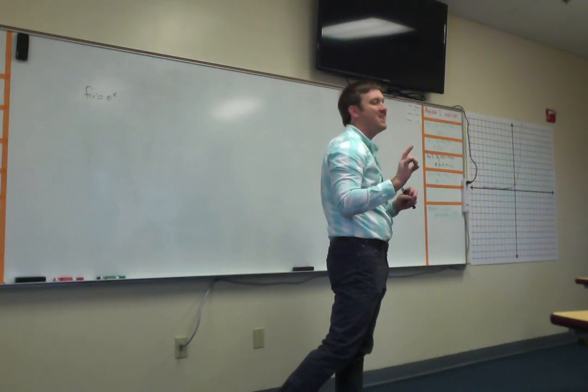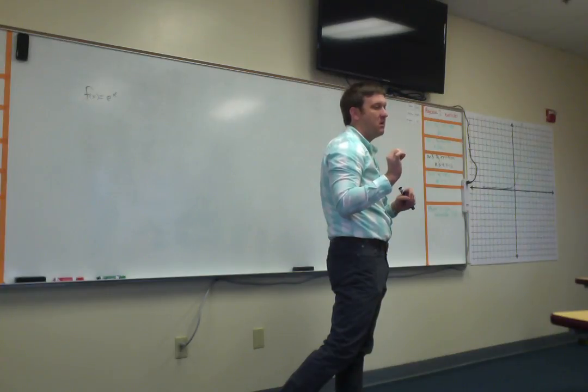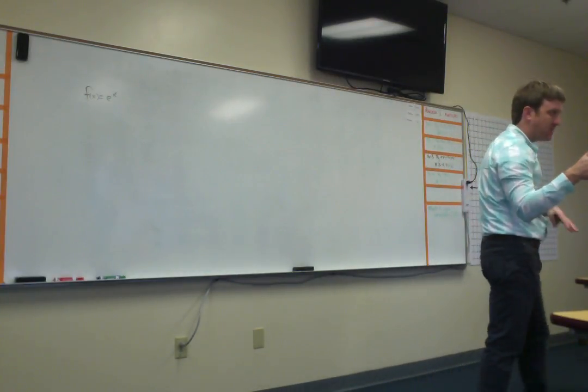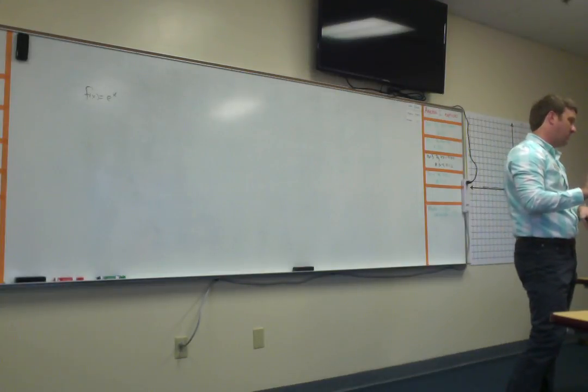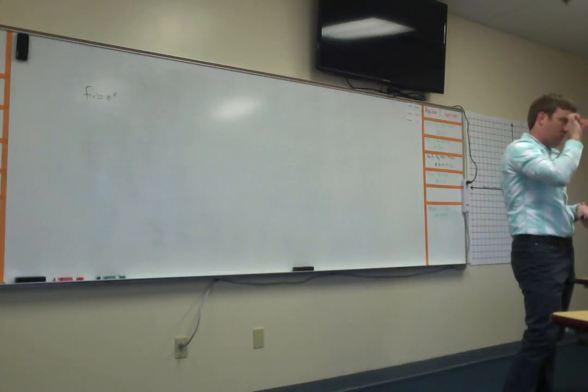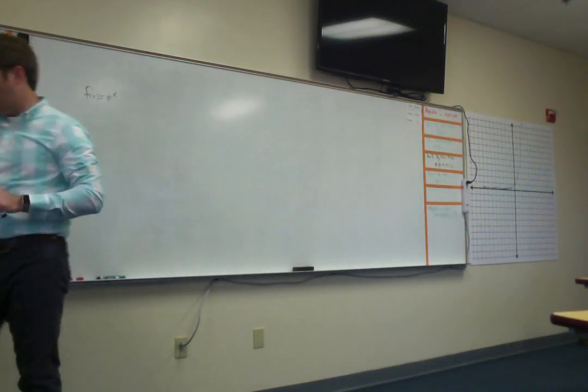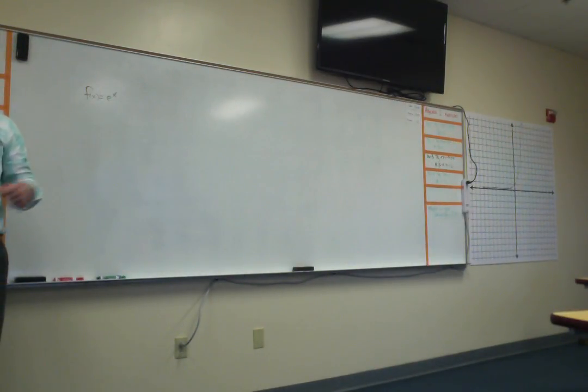Yep, and it's actually e. Put e. So that 2.7 and so on is e, because e to the 1 will be e. And if you wanted to see it on your calculator, you could just type in e to the x, 1, close parentheses.